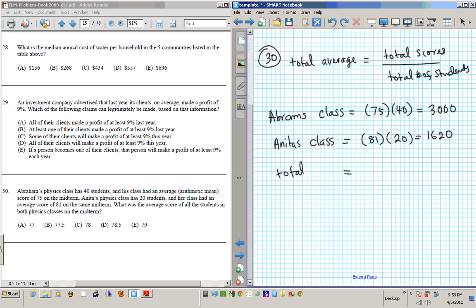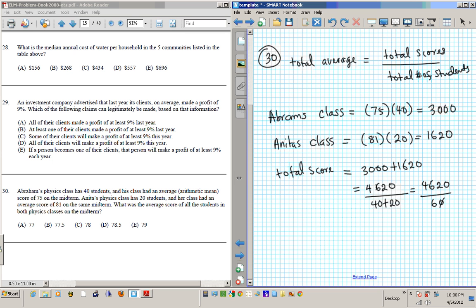Okay, so when you add this up, you're going to get the total score. Total score is going to be 3,000 plus 1620, which is 4,620. All right, so total score, if we divide it by total number of students, is going to be 40 plus 20 students. So it's basically 4620 divided by 60.